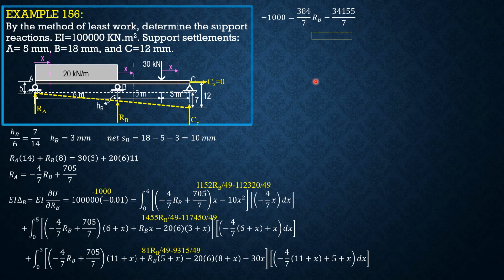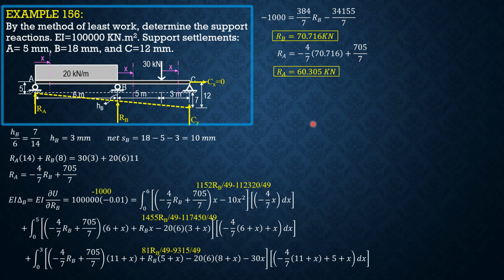So finally, we can now solve RB. RB is 70.716 kilonewtons. RA is equal to negative 4 over 7 of 70.716 plus 705 over 7. So RA is 60.305 kilonewtons.